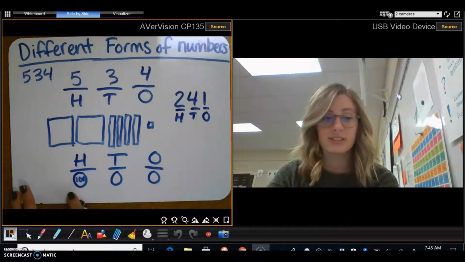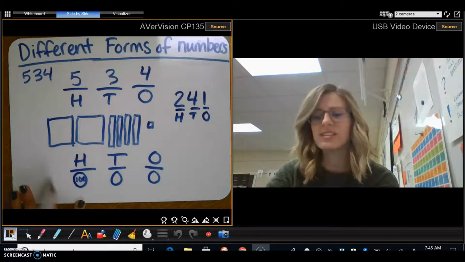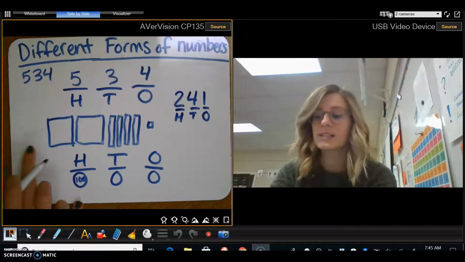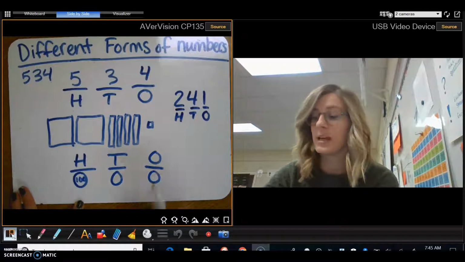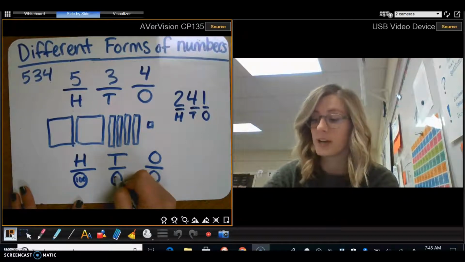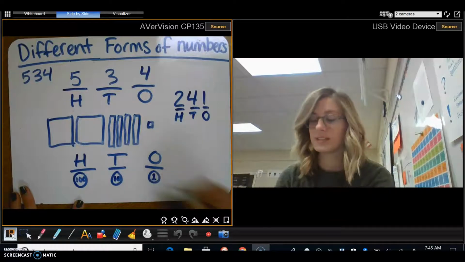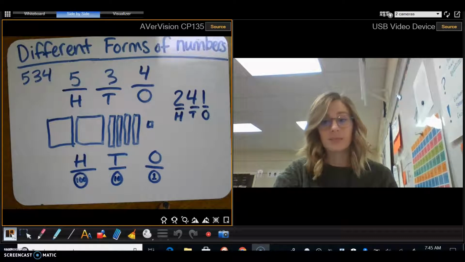So my hundreds place value disc represents 100. So it's kind of just like our place value blocks or our base 10 blocks, but it's little circles. So it might be a little easier for us to place. Our tens, we would put a 10 inside, and then our 1, we would put a 1 inside. So this is what our place value discs look like.